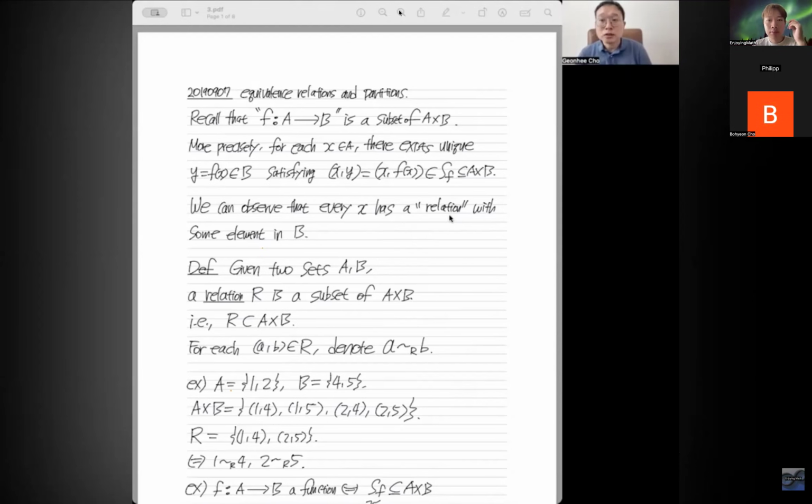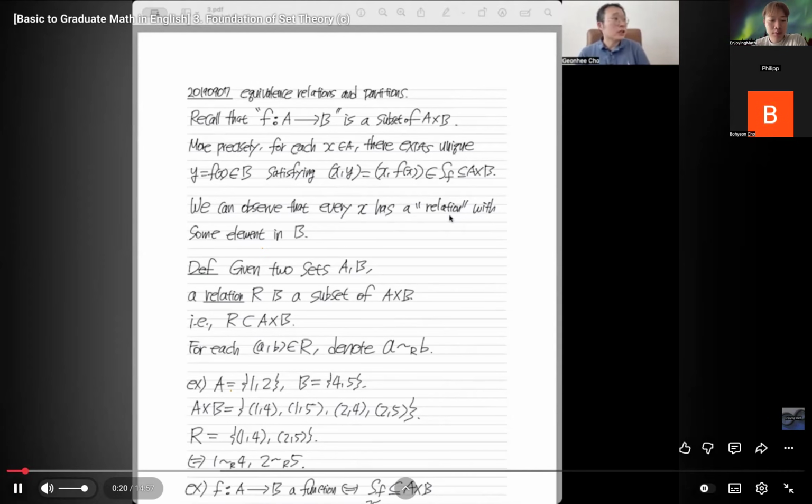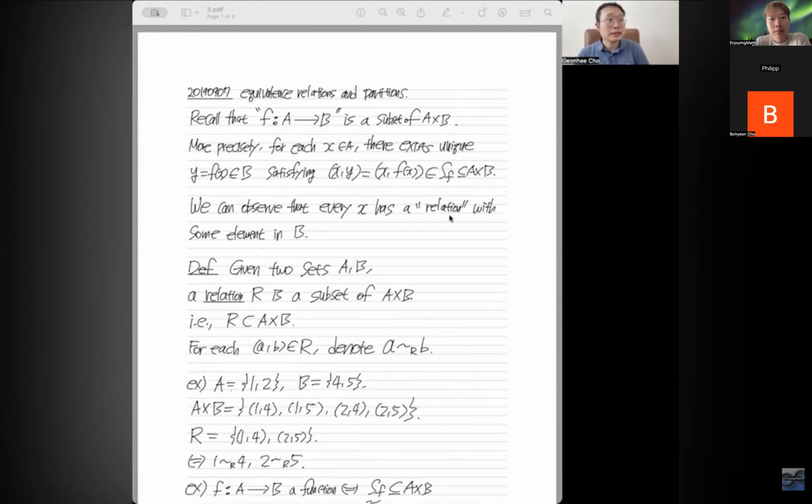From the basic to graduate mathematics, we will explain relations, equivalence relations, equivalent classes, and partitions. In the previous two notes, we studied sets, functions, images, inverse images, one-to-one functions, inverse functions, and composition functions, and its characterization of one-to-oneness and onto-ness. The note today is the natural next step.